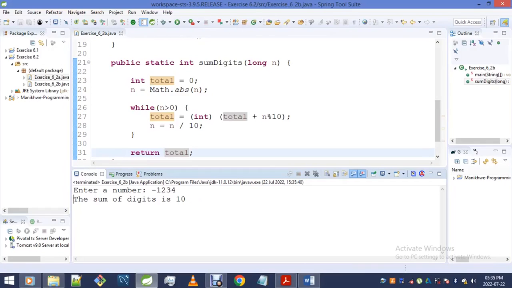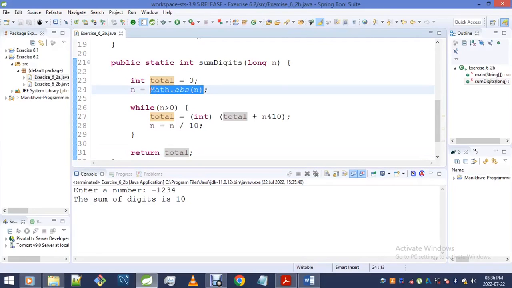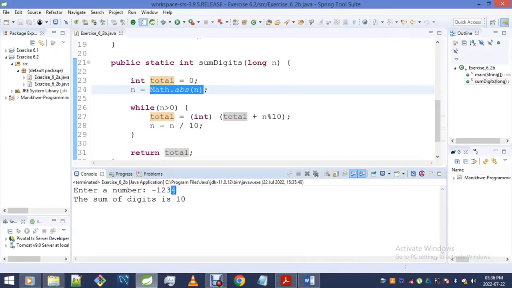And the reason for that is, you see, on each iteration, this is the correct approach. On each iteration, we're computing that. So in this example, on iteration 1, we would compute the absolute value of minus 1234. On the second iteration, we'll compute the absolute value of minus 123.